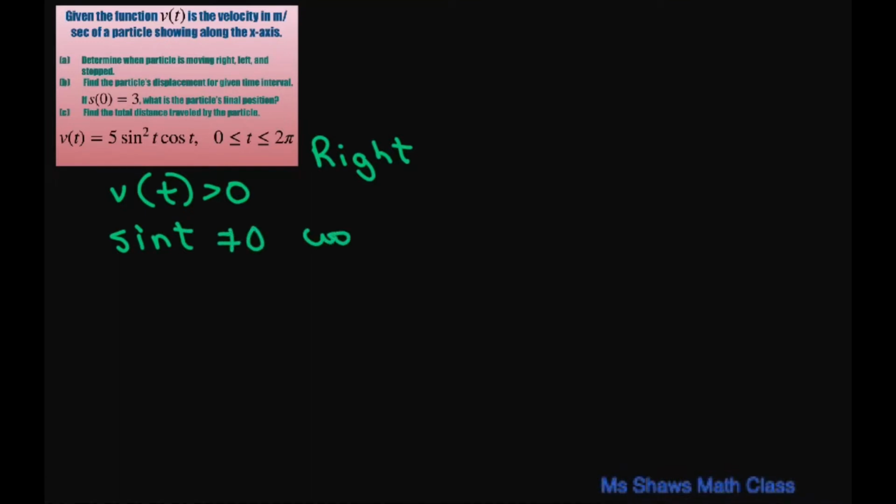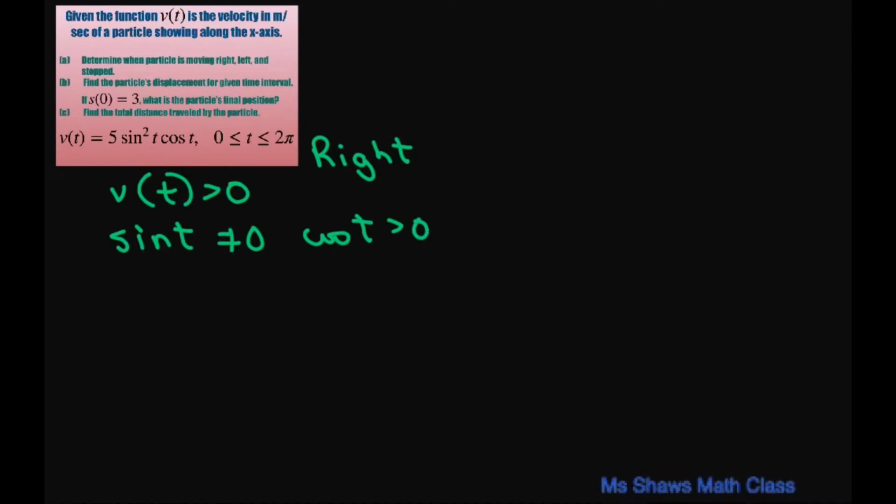So let's start with moving right, left, and stopped. So for right, we know that our v of t has to be positive. That happens when sine of t does not equal 0 and cosine of t is positive.